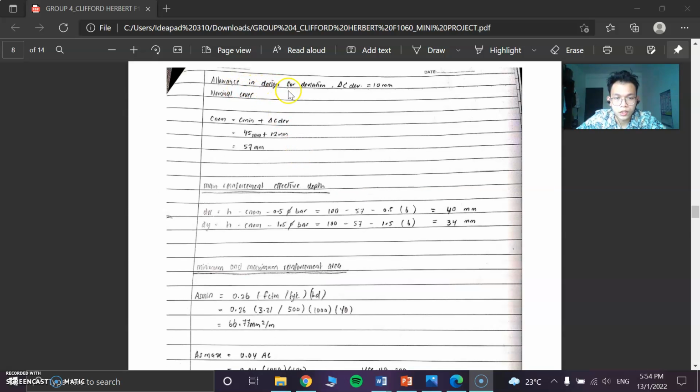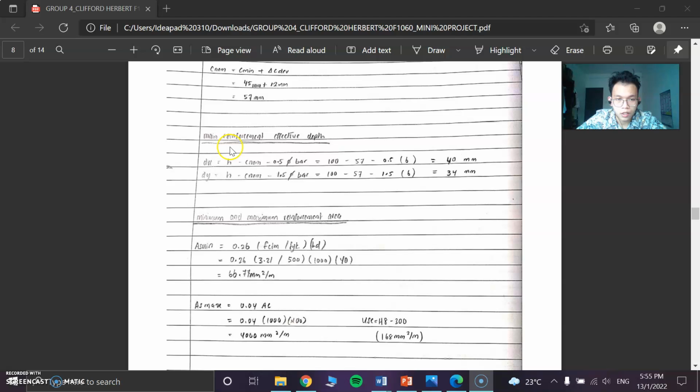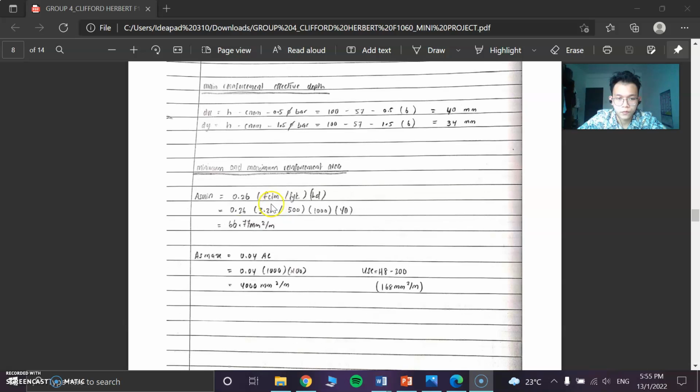For allowance in design of deviation, delta C is 10 mm, C nominal is 57 mm, and for the main reinforcement, effective depth dx is 40 mm, dy will be 34 mm.